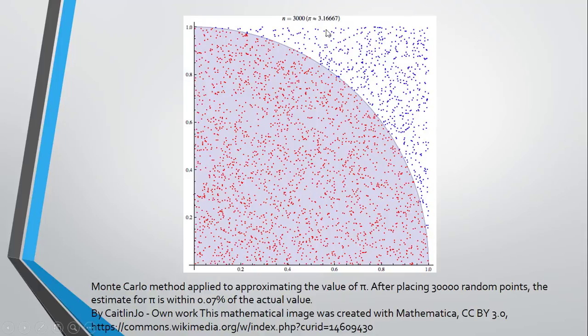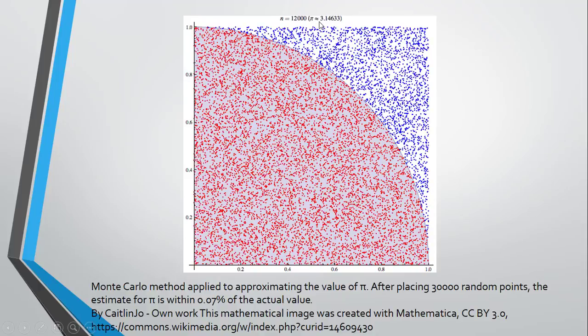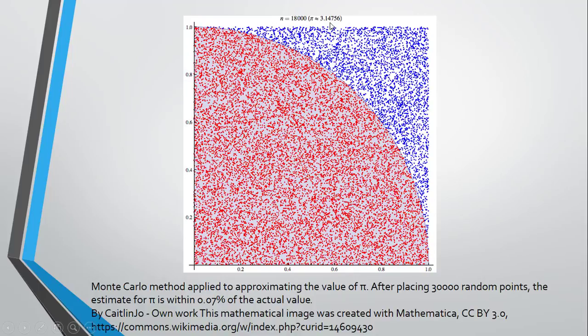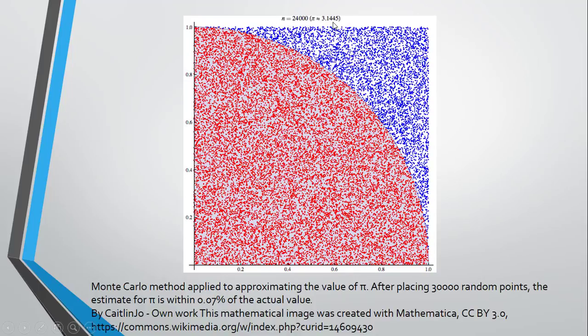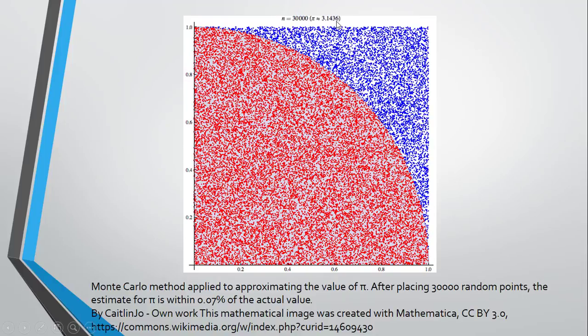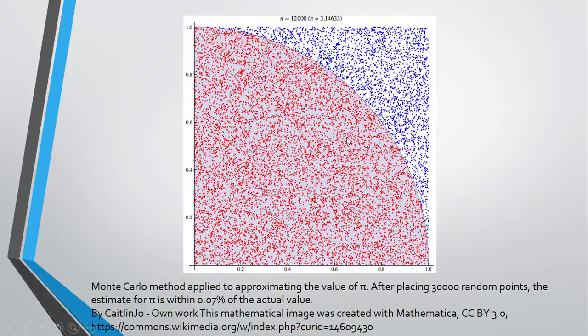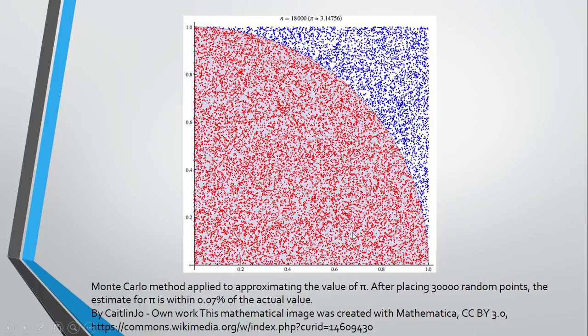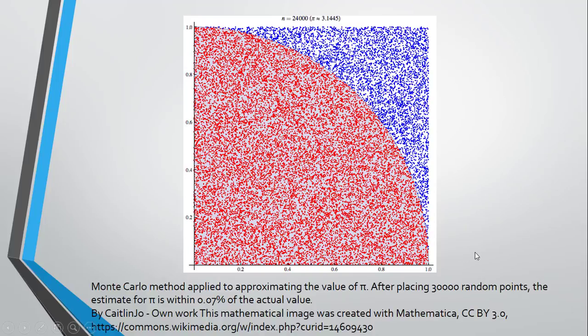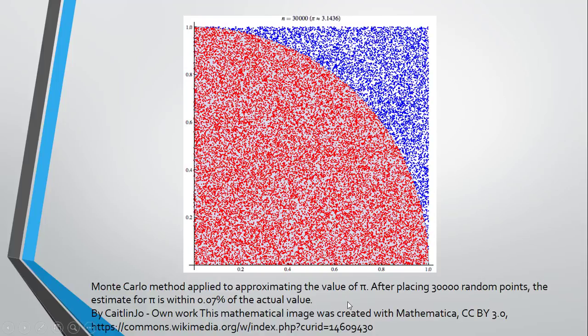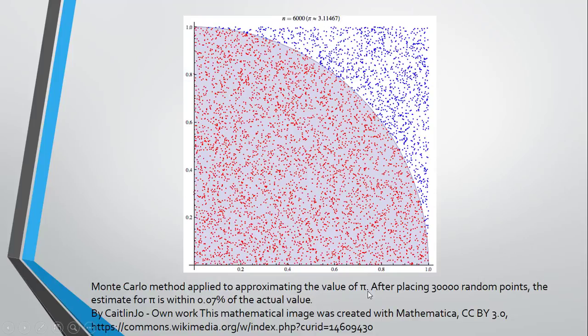You can see the pi values here: 3.1314, 145, 147, 1428, 1445, and 1436. So as you increase the number of dots, you can see the pi is getting closer and closer to true values.